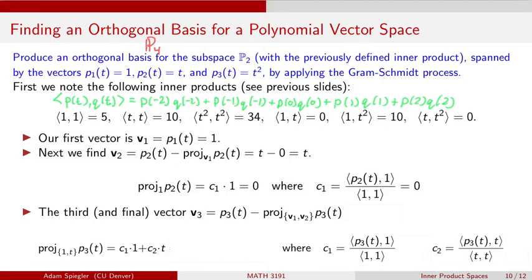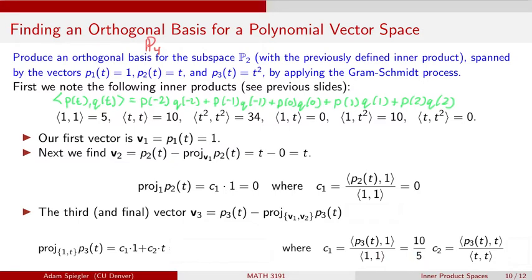So for C1, the weight for the polynomial 1, we take P3 inner product with the polynomial 1 and divide that by the inner product of polynomial 1 with itself. So in this case, we do not get 0 since t squared was not orthogonal to 1. So we get a 10 on the top, and the inner product of the polynomial 1 with itself is 5.